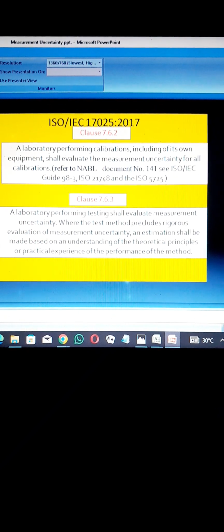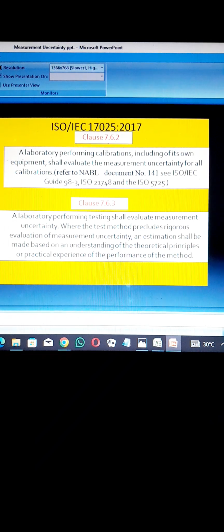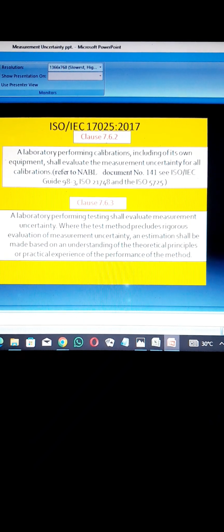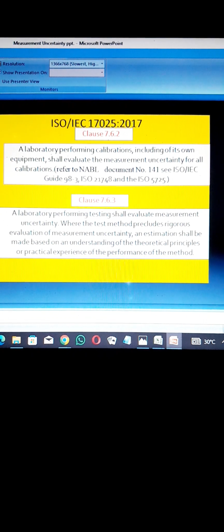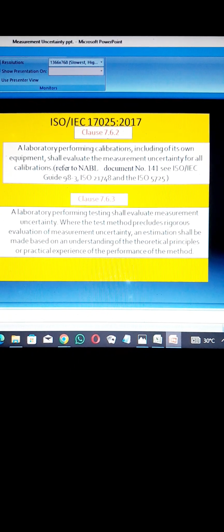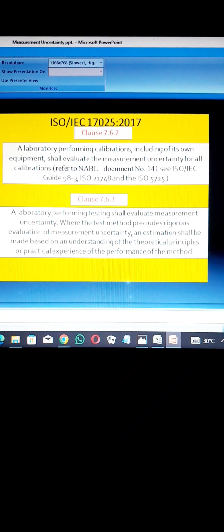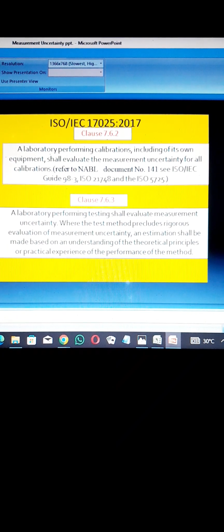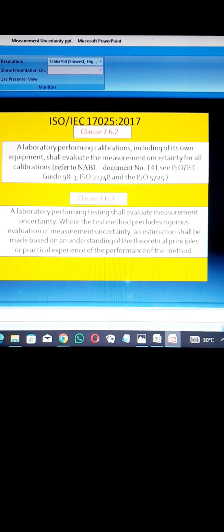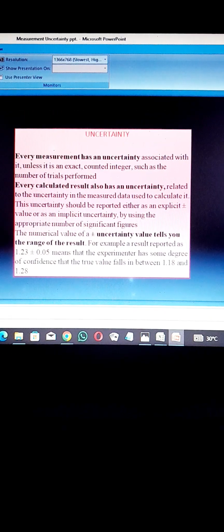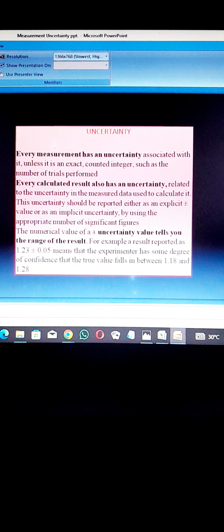Then subclause 7.6.3 says a laboratory performing testing shall evaluate the measurement of uncertainty. Where the test method precludes rigorous evaluation, an estimation shall be made based on an understanding of the theoretical principles or practical experience of the performance.